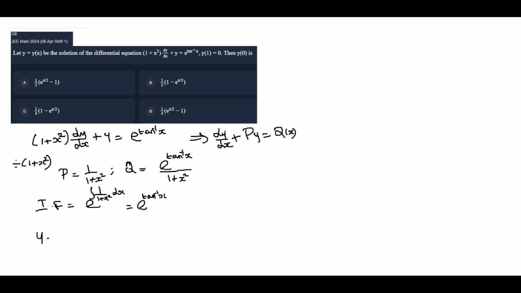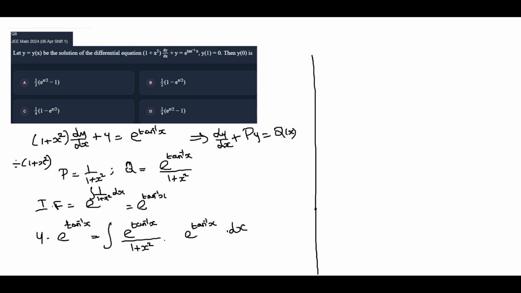So y into integrating factor e power tan inverse of x is equal to integral q into integrating factor. Q is e power tan inverse of x by 1 plus x square, into e power tan inverse of x, into dx. On the right side, take an assumption t equal to tan inverse of x.